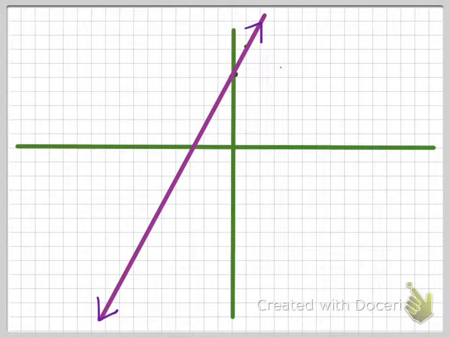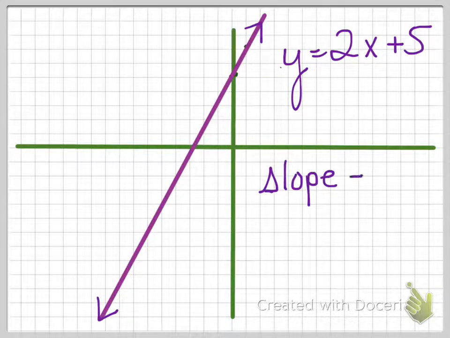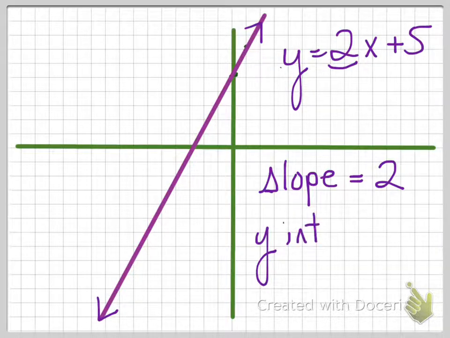Do you remember it was y equals 2x plus 5. So one more time, the slope is 2. Remember, the coefficient of the x. And the y-intercept is 5.